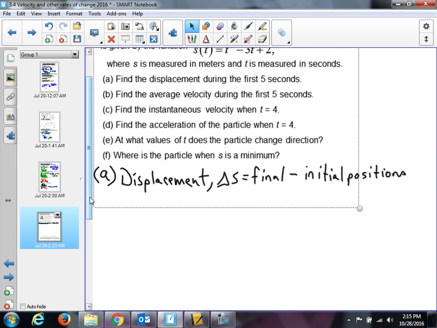We've already established that it's 12 and 2, it's 10. But let's get this so it's more helpful for you if you have a different problem. So, the displacement here, the change in s, is the final, so I'm going to call it s of 5 minus s of 0. The position at 5, the position at 0.